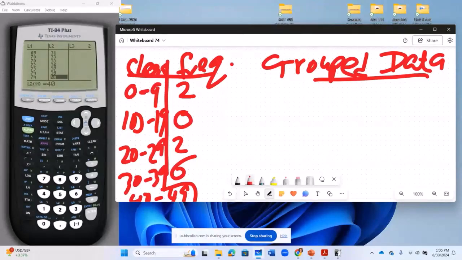The next thing is to group the data from 40 to 49. There are how many counts? 4 of them. So there are 4 numbers between.